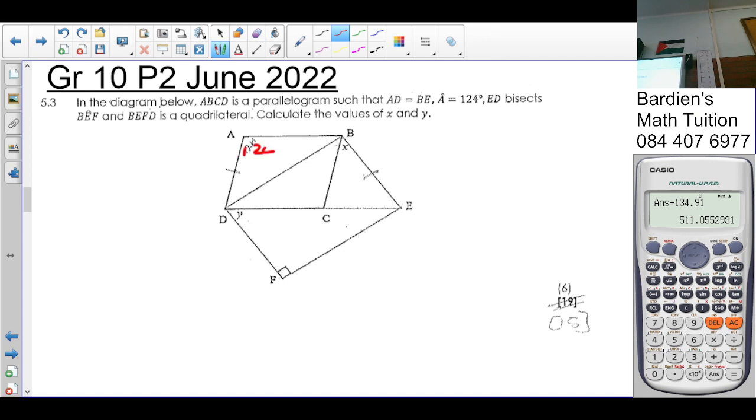ED bisects angle BEF, so that angle is equal to that angle. And BEFD is a quadrilateral. Calculate the values of x and y.